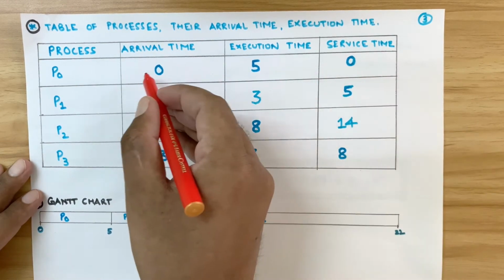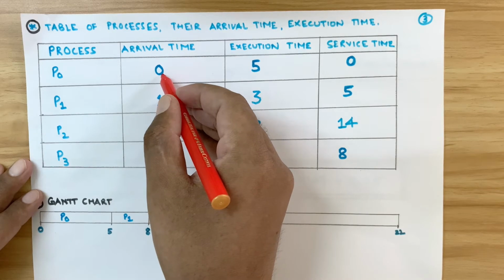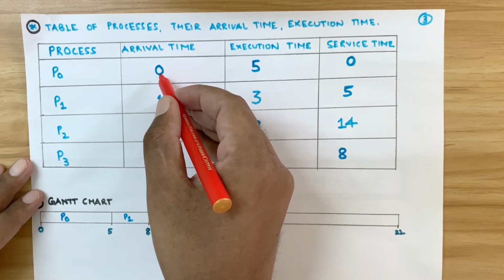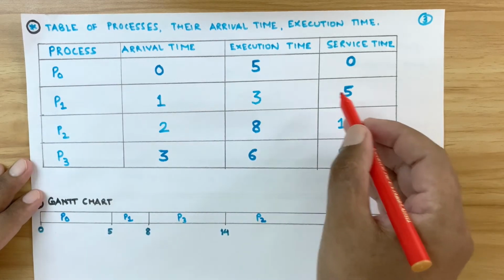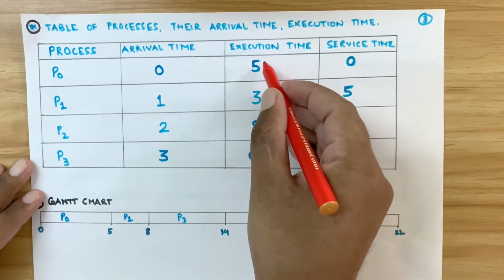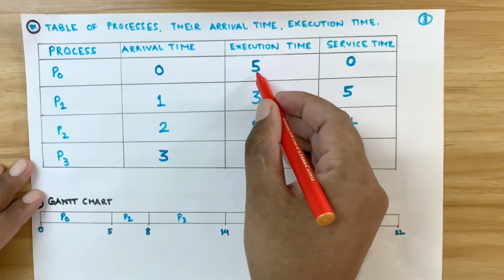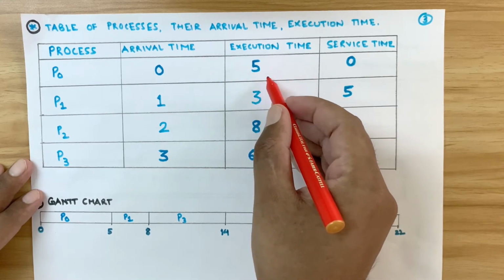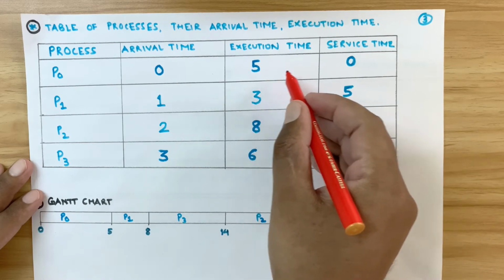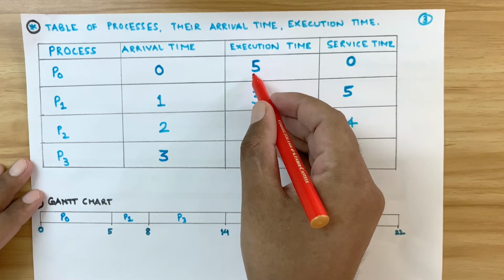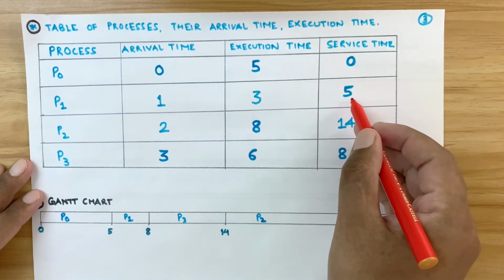Why? Because there is only one process present at 0th second, hence P0 is assigned to the processor. Then it will execute for 5 seconds. Since it is a non-preemptive scheduling algorithm, it can't be preempted or swapped out. So it will continue to execute until its execution time is over, that is, 5 seconds are over.